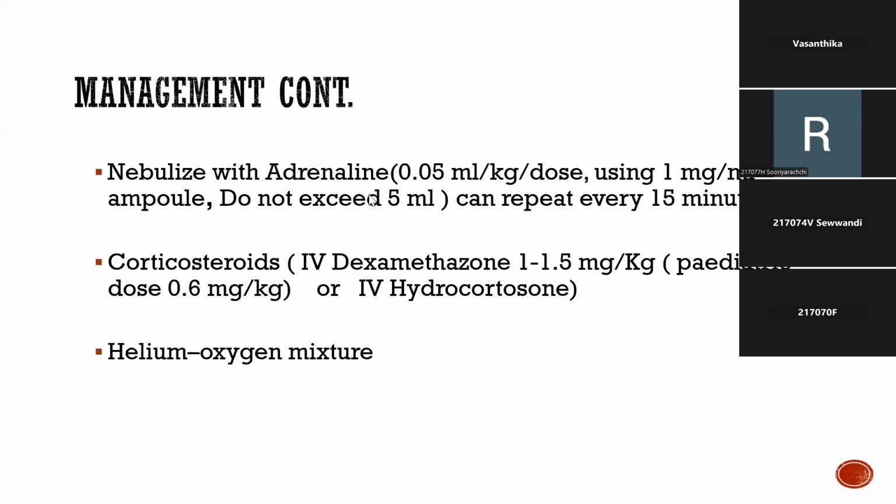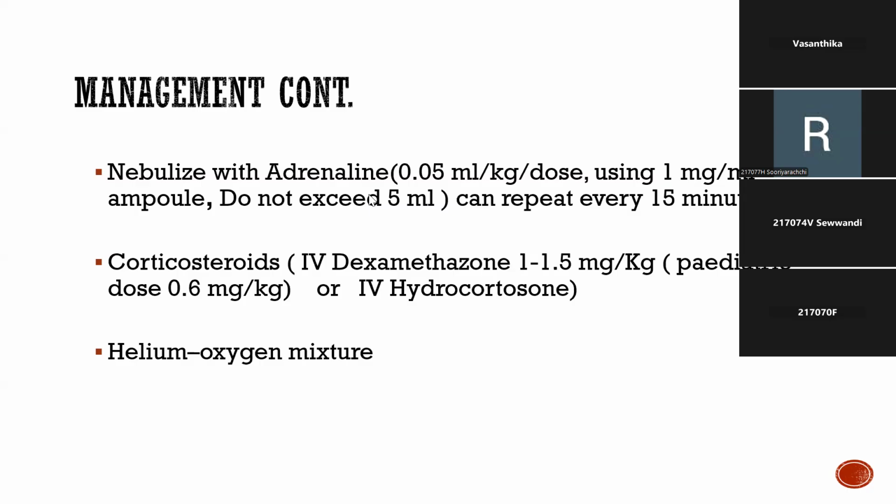We are talking about upper airway obstruction with stridor. You can nebulize with adrenaline. Adrenaline dose may be 0.05 ml per kg per dose using the 1 milligram per ml ampule. Adrenaline is in 1 milligram per ampule, so you should not exceed more than 5 ml of adrenaline.